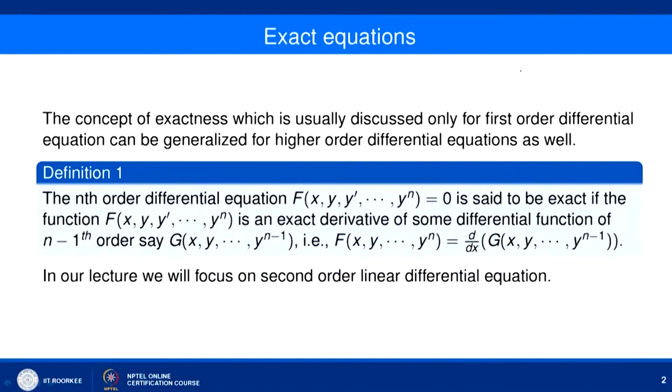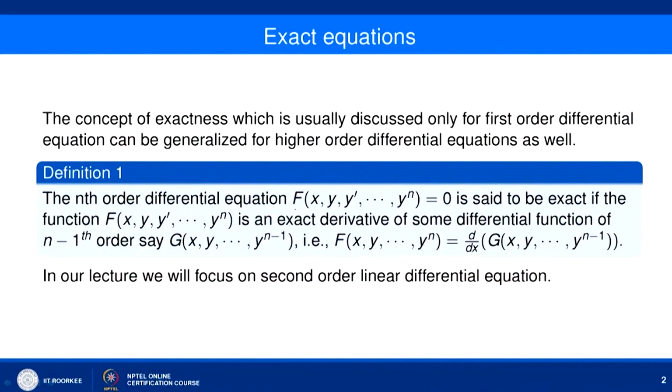So, the concept of exactness, which is usually discussed only for first order differential equations, can be generalized for higher order differential equations as well. First of all we need to understand what exactness means. The nth order differential equation given as f of x, y, y dash and so on up to y n equal to 0 is said to be exact if the function f is an exact derivative of some differentiable function of (n minus 1)th order, meaning just one less order, say g of x, y up to y n minus 1.